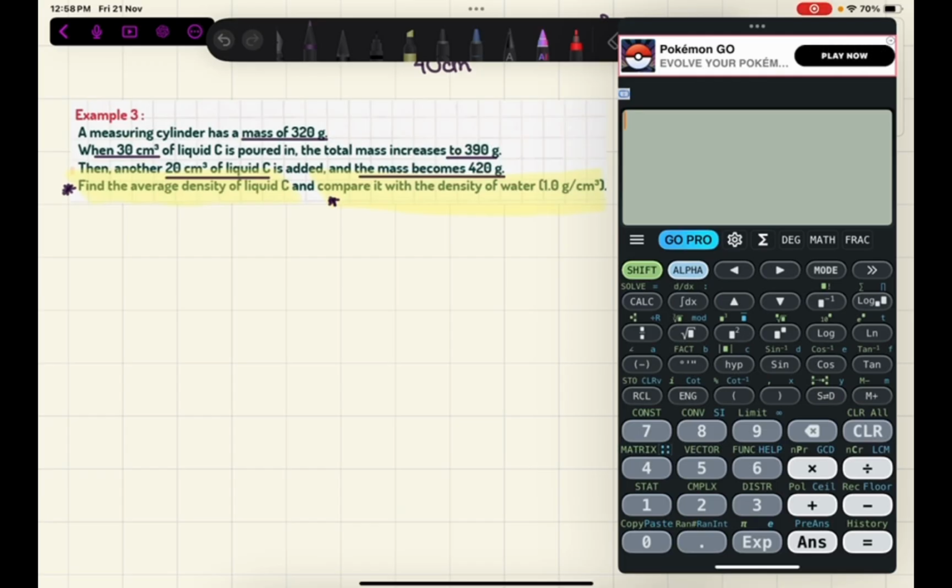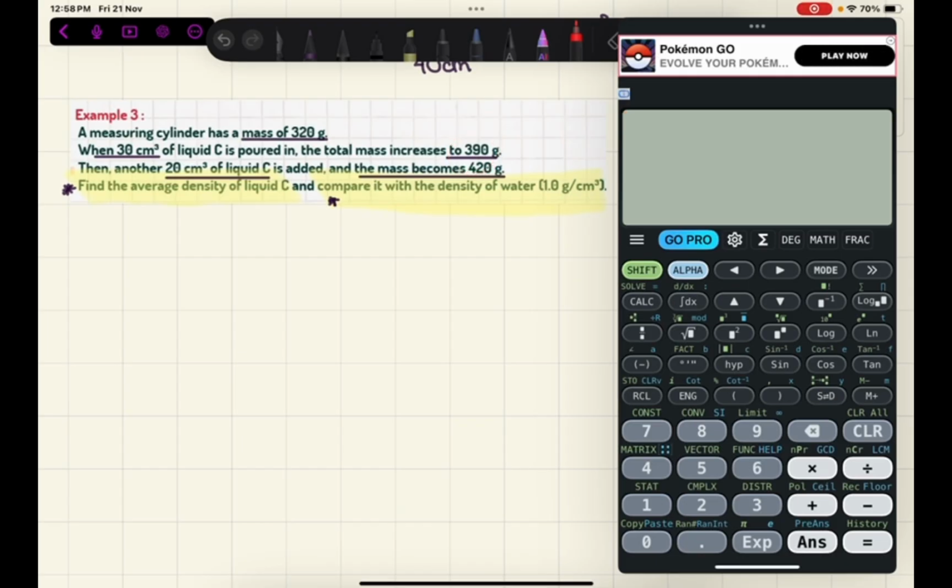So for this question, we are told that an empty measuring cylinder has a mass of 320 gram. When we pour in 30 centimeter cube of liquid C, the mass increases to 390 gram.